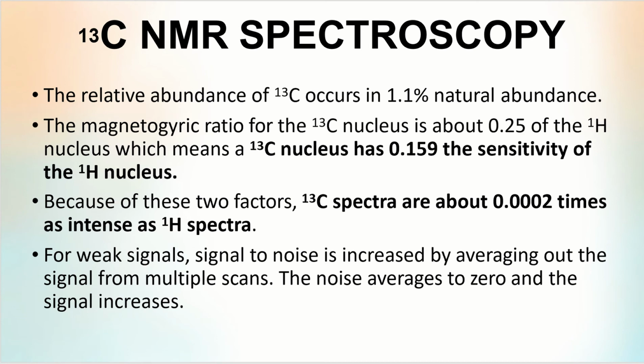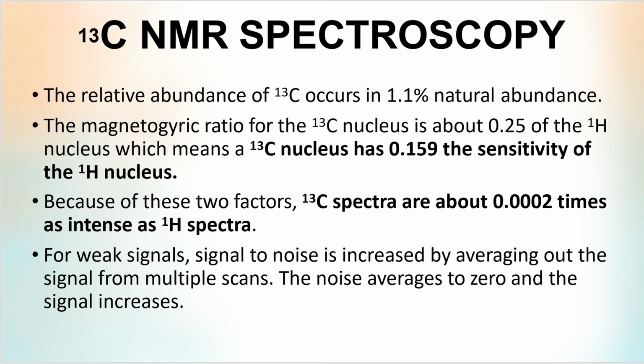The magnetogyric ratio for the carbon-13 nucleus is about 0.25 of the proton nucleus, which means carbon-13 nucleus has 0.159 the sensitivity of the proton nucleus. In other words, carbon-13 is less sensitive than the proton.